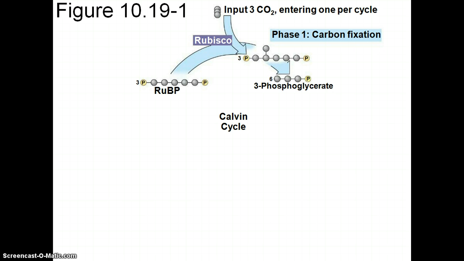Just to go over this very quickly, you don't need to memorize every molecule in this cycle. There are just a few that I want you to know. What we start with in phase 1 is the fixation of carbon. In this case, we're going to input 3 carbon dioxide molecules.